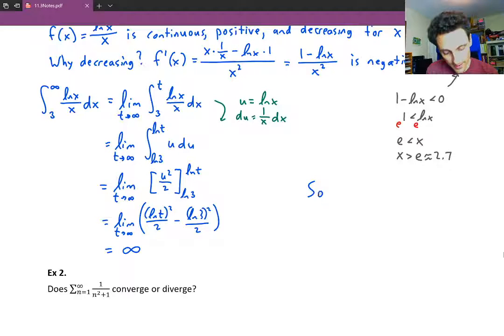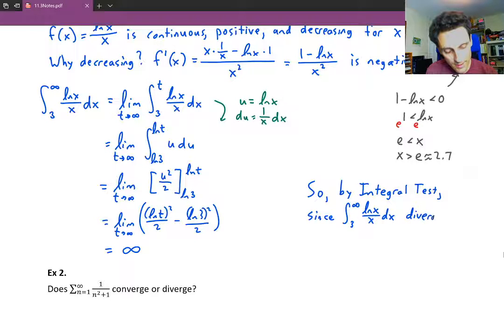So by the integral test, since the integral from 3 to infinity of ln x over x dx diverges, the series then also diverges.